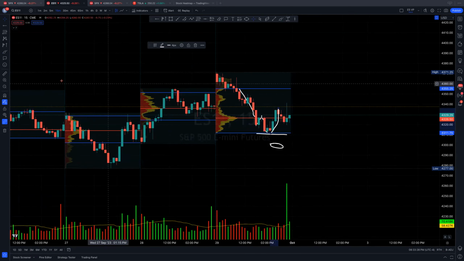The red line is point of control. This is value area high and value area low. POC, VAH, VAL.